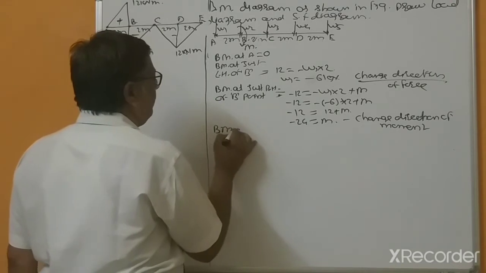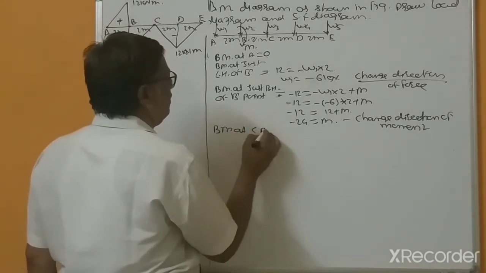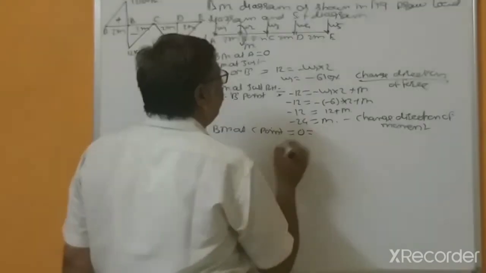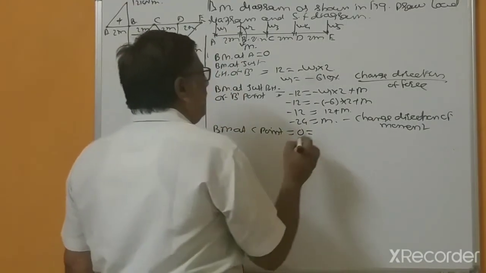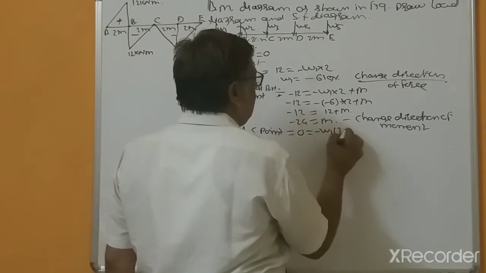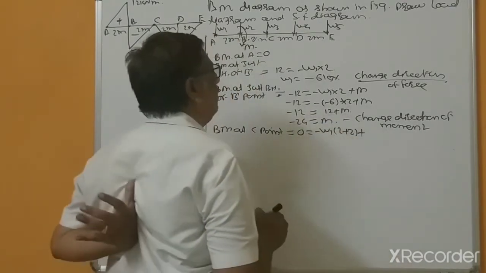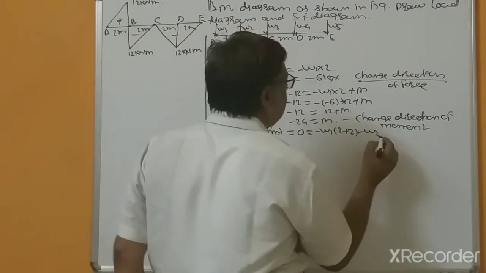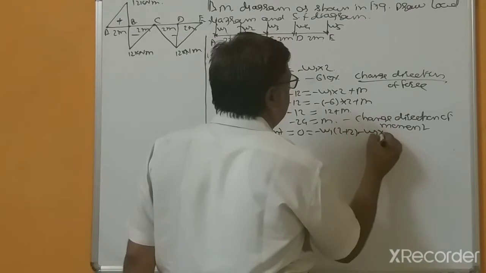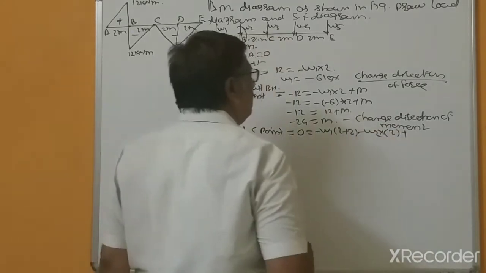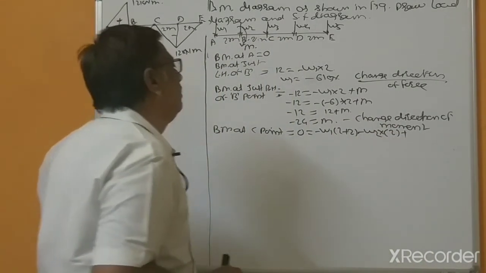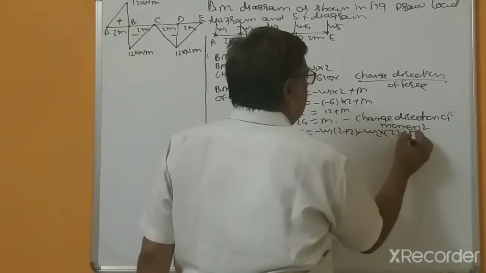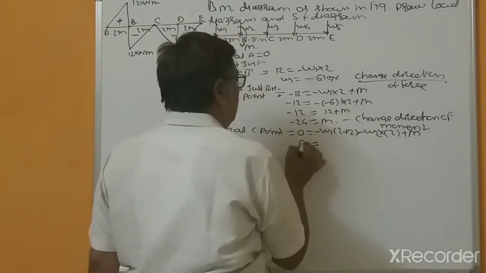Bending moment at C point equal to 0. Minus W1 into 2 plus 2 plus, this is again minus because this is anti-clockwise, W2 into 2 plus, because this is clockwise, M equal to 0.